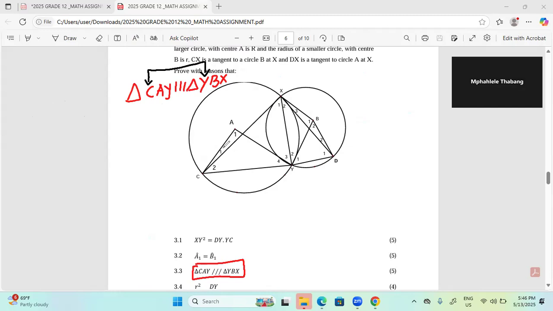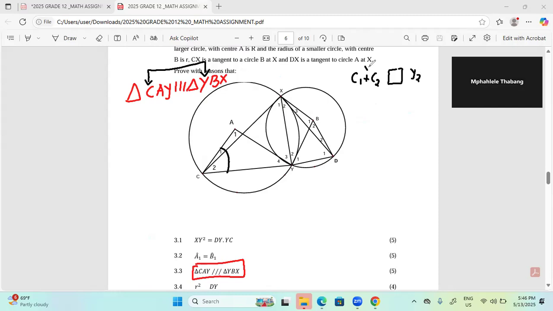What do we know about angle C? Remember, C in the triangle CAY is C1 plus C2. So we want to check if C1 plus C2 is equal to angle Y in triangle YBX, which is Y2.